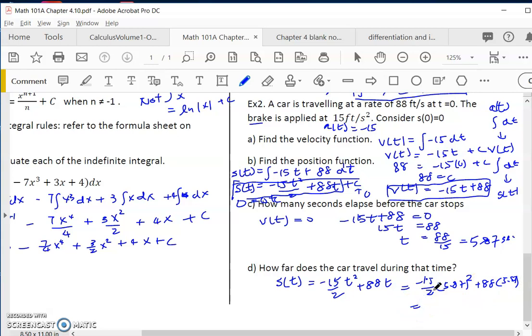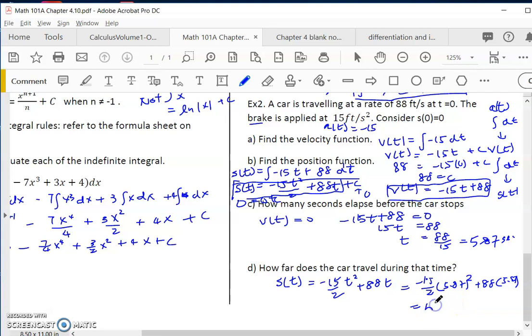So let's put it in the calculator: negative 15 over 2 times 5.87, oh, this one is squared, plus 88 times 5.87. Some rounding error because I didn't use the exact value.